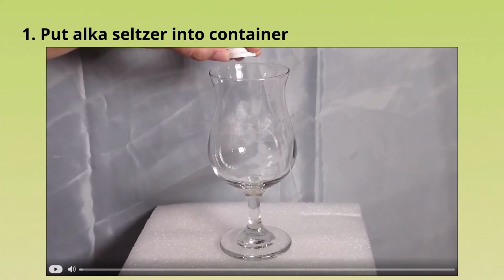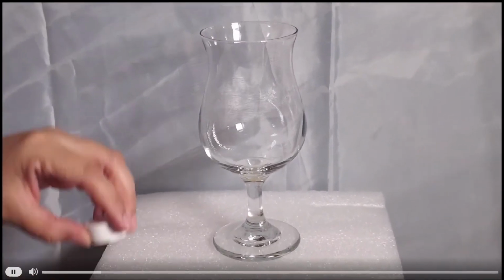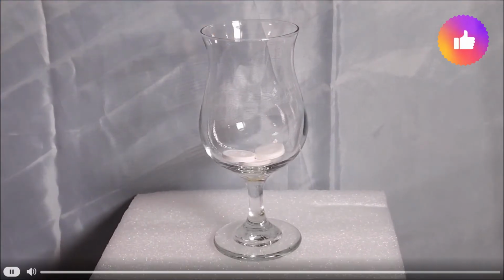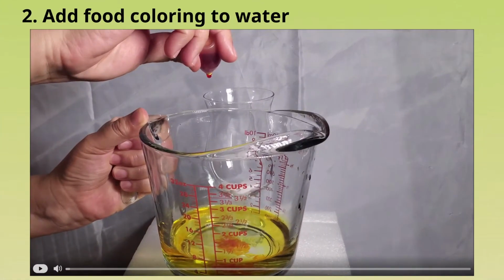Step 1. Put Alka-Seltzer into the container. Step 2. Add food coloring to water.